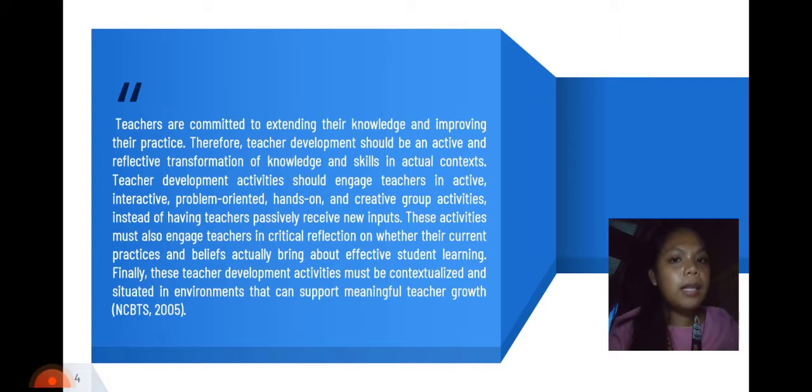These activities must also engage teachers in critical reflection on whether their current practices and beliefs actually bring about effective student learning. Finally, these teacher development activities must be contextualized and situated in environments that can support meaningful teachers' growth.